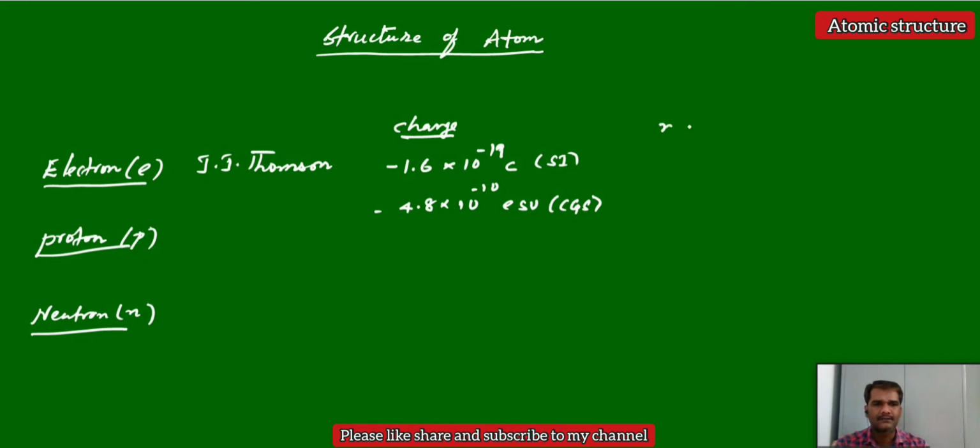And mass of electron is 9.11 into 10 power minus 31 kg. Or if we say in grams, 9.1 into 10 power minus 28 grams. These are very, very important points.